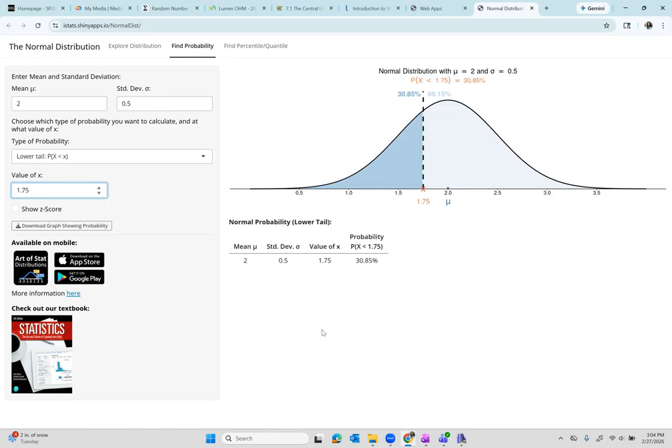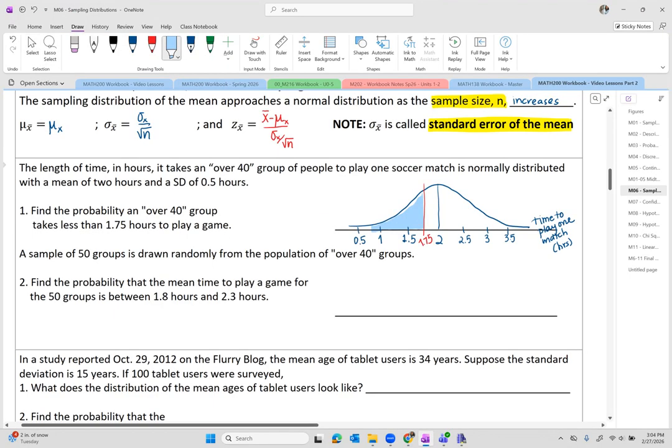And that is 0.3085. Mathematically, probability x is less than 1.75 is 0.3085 or 30.85%.